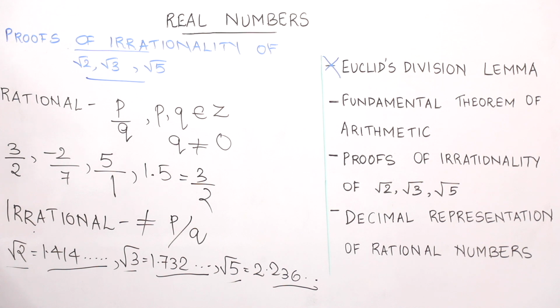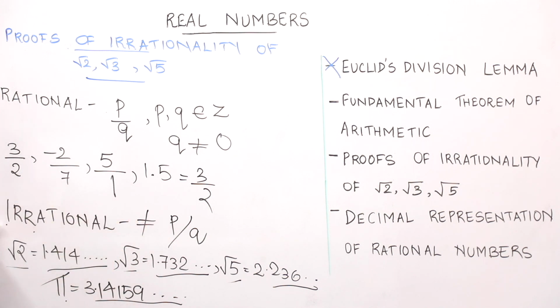The most popular irrational number is pi. Pi is 3.14159, so on. Pi is also an irrational number because it is non-terminating non-repeating. So we've seen rational numbers and irrational numbers. The difference is rational numbers can be expressed in p by q form and irrational numbers cannot be expressed in p by q form.